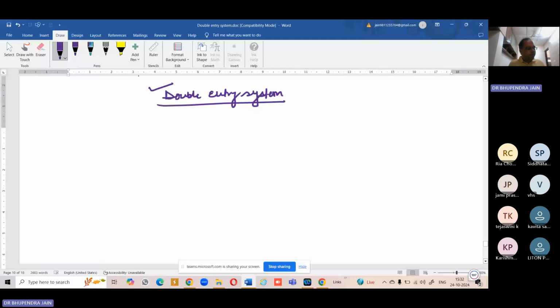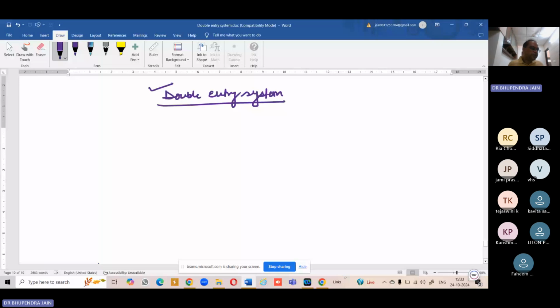Now, after recording the transaction in the general book, we will pass the journal entry. Okay. And how to pass the journal entry?